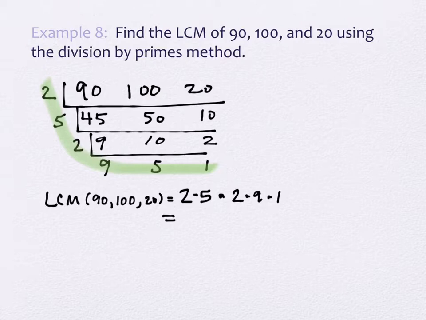And what do you get if you multiply all of those? Did I miss one? Oh, I missed the 5 at the end. Thank you, Abigail. All right, get that last 5 in there. 2 times 5 times 2 times 9 times 5 times 1. What did you get? 900 is right. Just happens to be 900 just like the last one was.